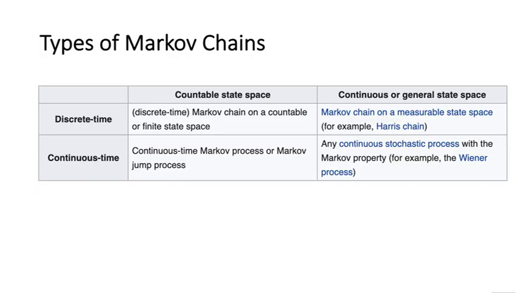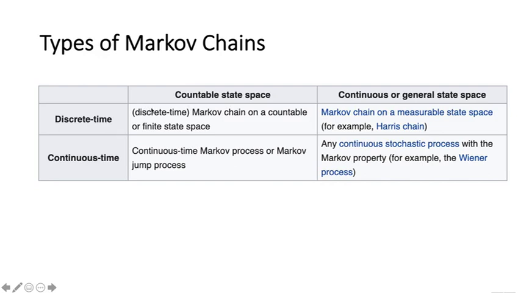So, types of Markov chains. We have discrete time, we have continuous time, as I mentioned previously, and we have countable state space and continuous or general state space. Usually for this course, I will focus on discrete time and countable state space.